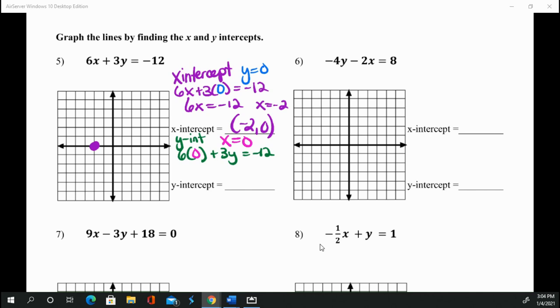Substitute the value of x equals 0 for the y-intercept, and then solve the one-step equation. Plot your 2 intercepts, connect and extend.